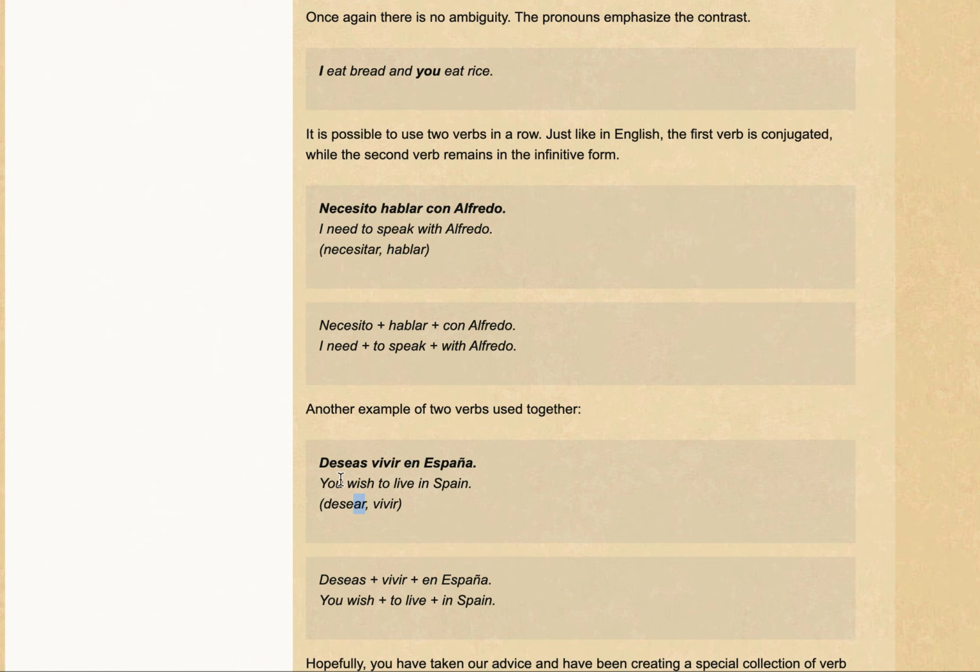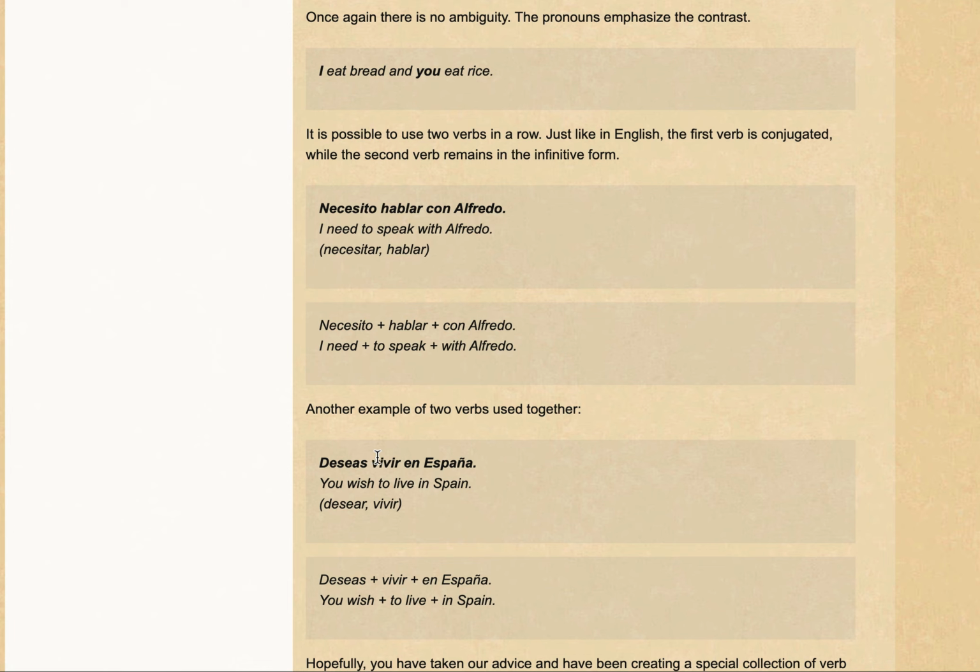That's how it is. Vivir remains in its infinitive form. The first verb is conjugated, and the second verb remains in its infinitive form.